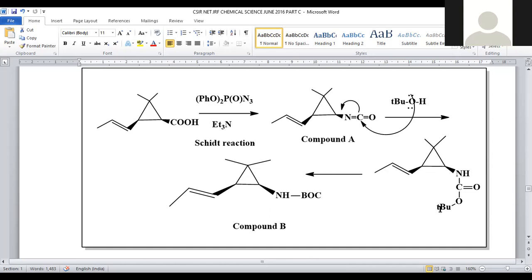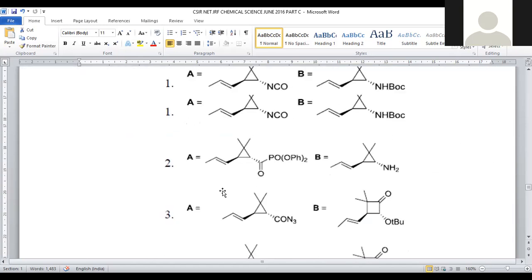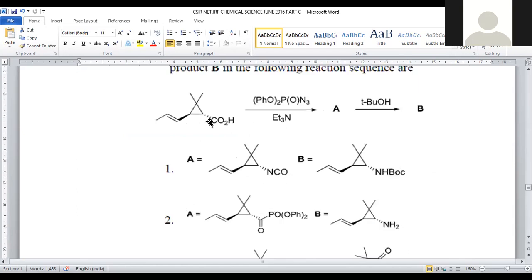That ester form is the NH tert-butyl ester that was generated, which is simply represented as BOC. So it is an N-protected compound, simply represented as BOC. The remaining groups will not be altered, and even ring opening is not possible.